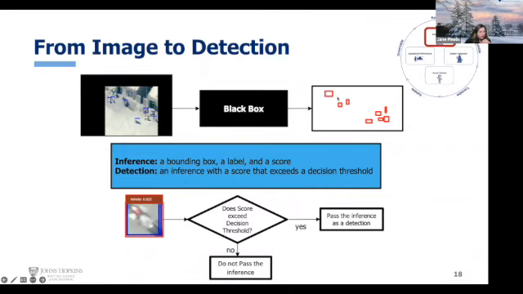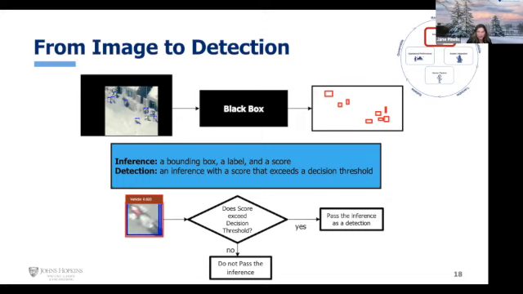So these red boxes here, at first, are called inferences, right? So the model provides an inference. It says, hey, I think there's an object of interest here, here, here, and there. Now, that inference usually comes with a box and a label, right? I think this is a person, or I think this is a vehicle, or something along those lines.